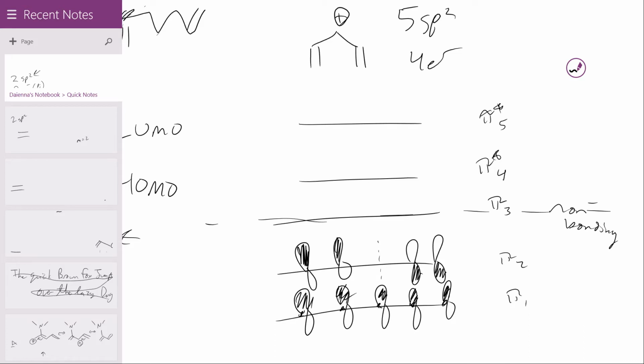Going up, we have 2 nodes. When we add 3 nodes, we have a node in the center, and spread between these ones.